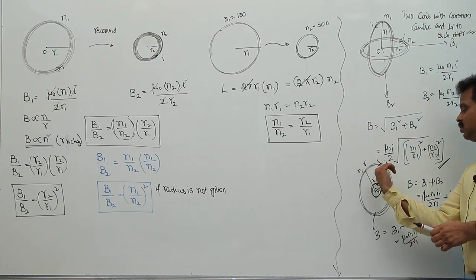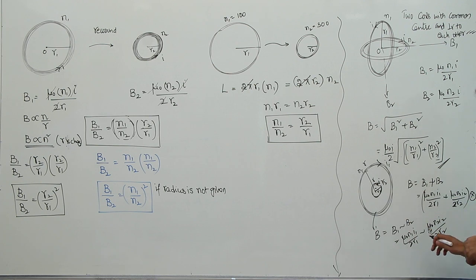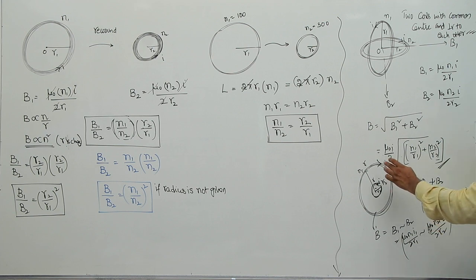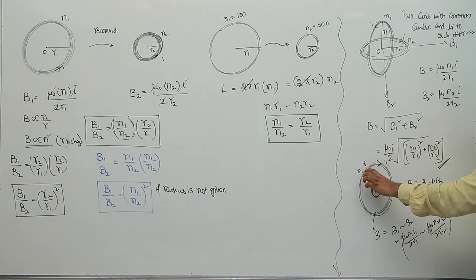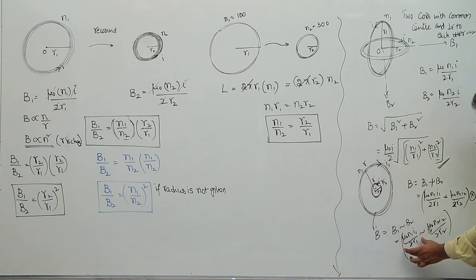Here this field is into, this field is outwards, that's why I am writing negative here. Whichever is bigger will dominate here. Why? Because we don't know N1 and N2, R1 is greater than R2, but we cannot say about N1 and N2. So individually we have to find this value and this value. Based on these magnitudes, we can subtract B1 minus B2 or B2 minus B1.